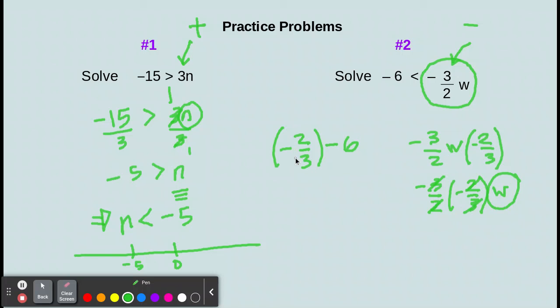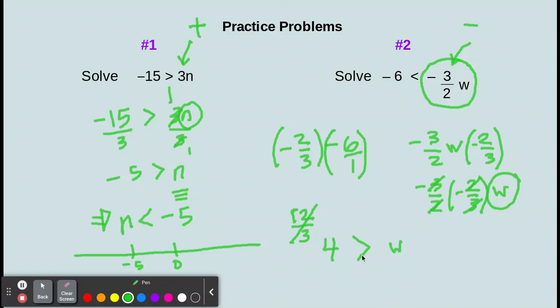And on this side, negative times a negative is a positive. 2 times 6 is 12 over 3, right? Because it can look like that. And 12 over 3 can be simplified to just plain old 4. Okay, so here we have our 2 sides, 4 and a w. But remember, since we have a negative here, we need to flip.